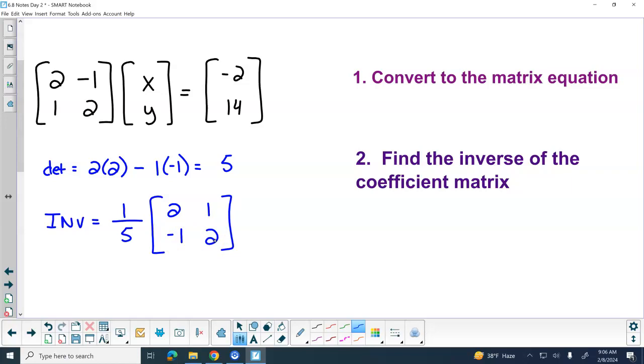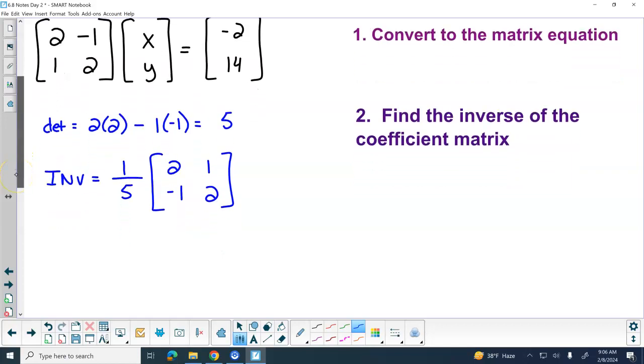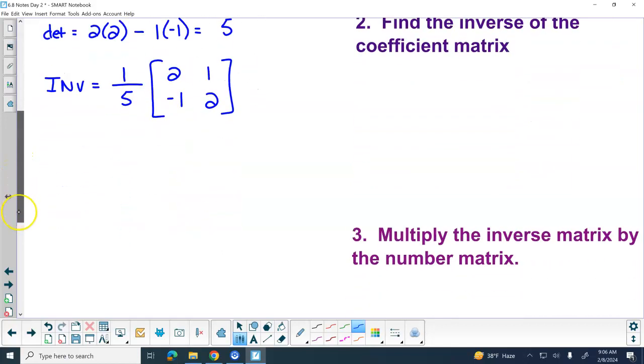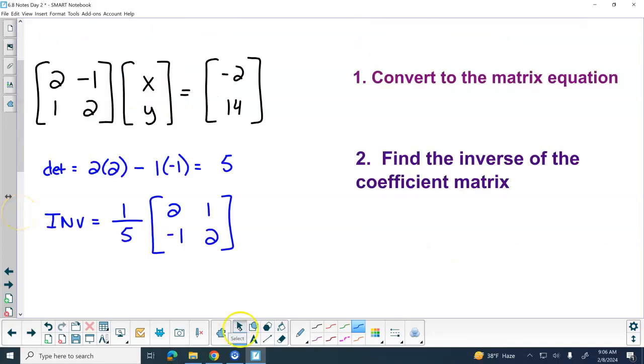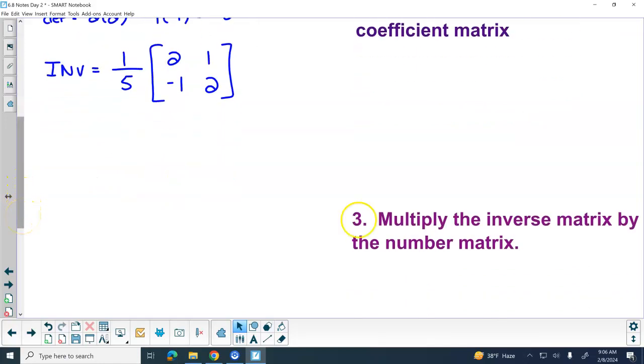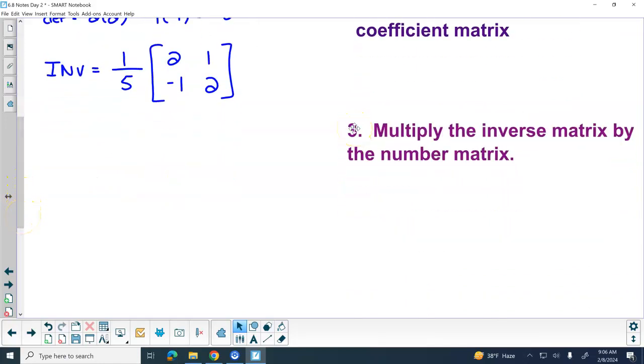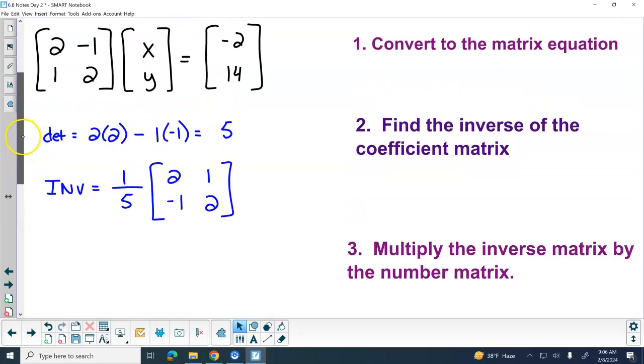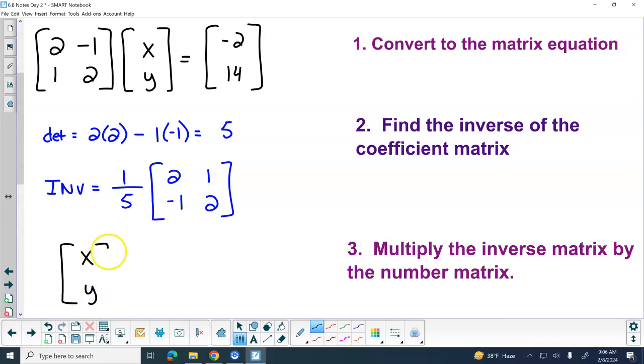Okay. Then we said, now I got to scroll down here because my spacing for some reason got off by a little bit. Then we said that we are going to multiply that inverse matrix by the numbers matrix. So we're going to make this be just our variables, because when I multiply by the inverse, the 2 by 2 goes away.